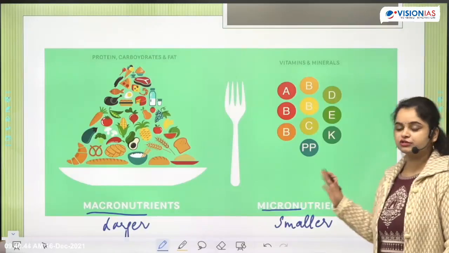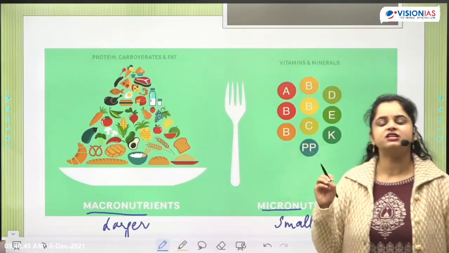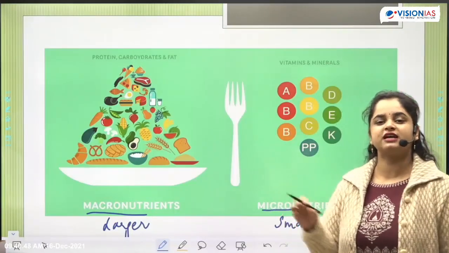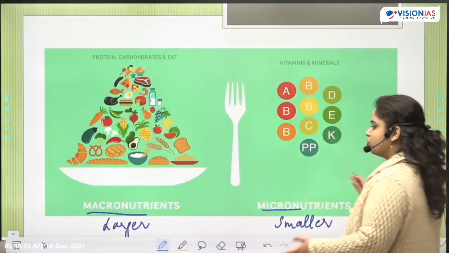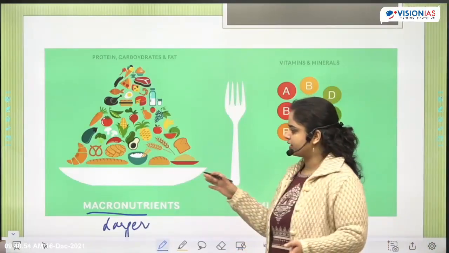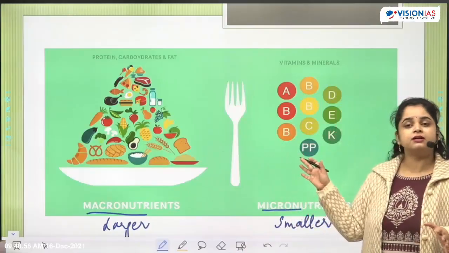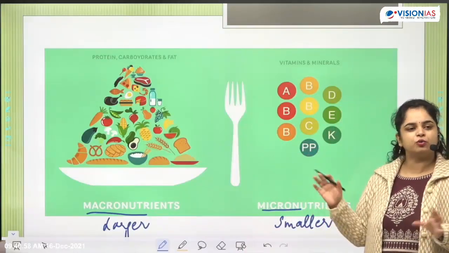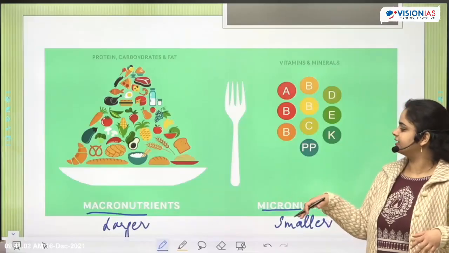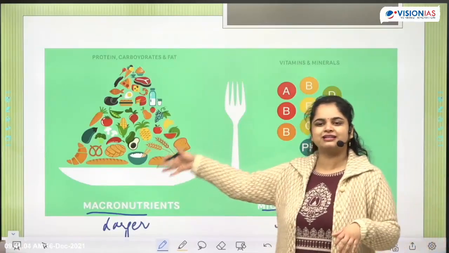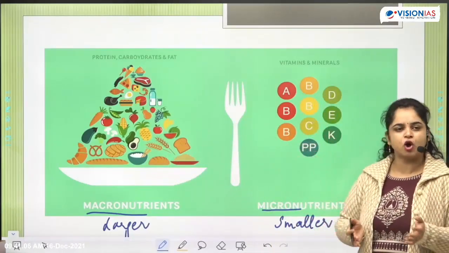Now focus on this point, that this is not a differentiation of significance, of importance. They are both important. They are both going to be doing their respective jobs. They are not replaceable. It is not the case that you take more macronutrients, less micronutrients, and there is going to be a compensation.